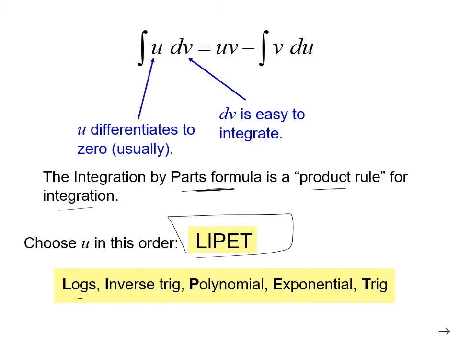If we don't find one, we can use inverse. If you have an inverse trig function, we should use u equal to the inverse trig. After that, polynomial like x squared, x to the power 4, and so on. We choose u by this order, and dv is the other function, as we will see in the next example. After that, E means exponential, and T means trig.